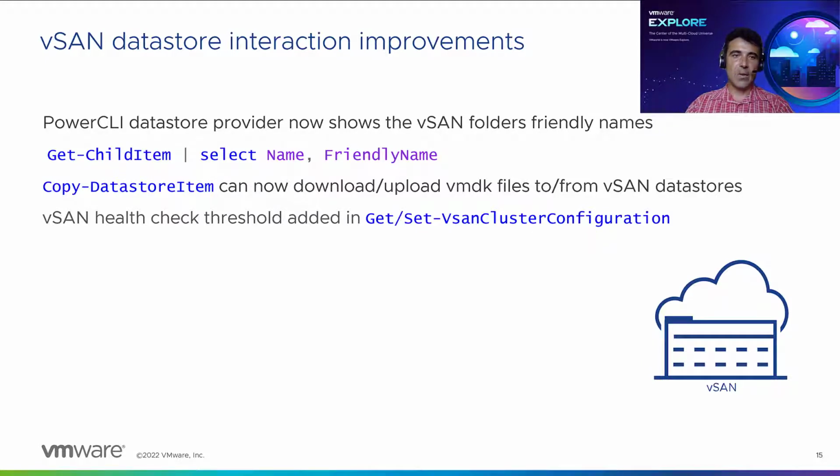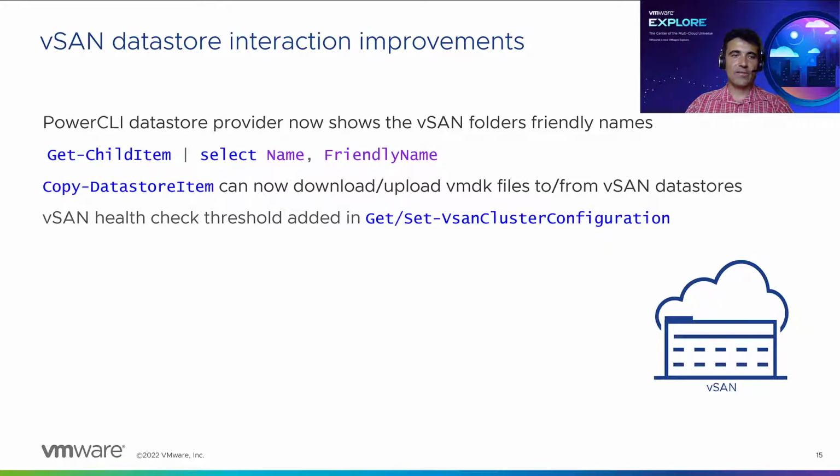That's why we added a friendly name property to the vSAN data store folder object. So now you can do get child item pipe select name and friendly name, and you can see the friendly name that corresponds to the GUID name of the folder.